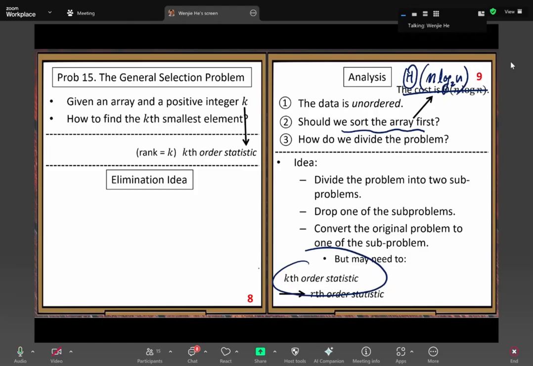So here, let me use a simple diagram to describe the elimination idea. At a high level, I want to remind you of one principle I talked about before.